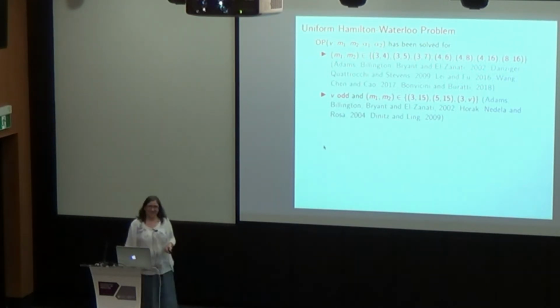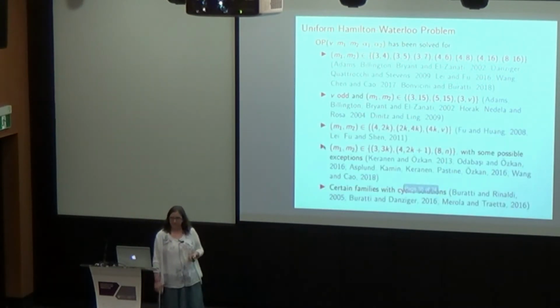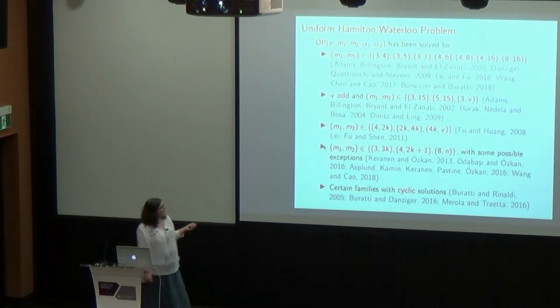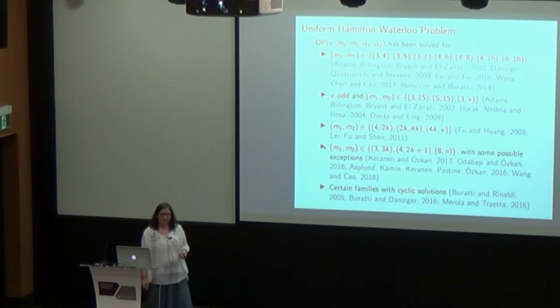And you can see that a lot of work has been done by a number of people on this problem. There are also some results looking at families of cycle lengths, and certain families with cyclic solutions have also been found.